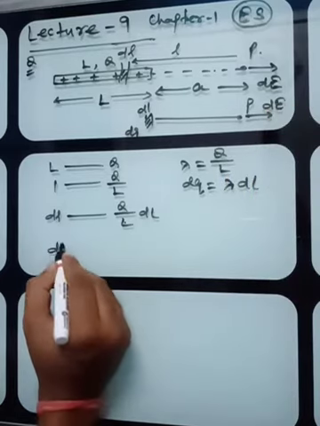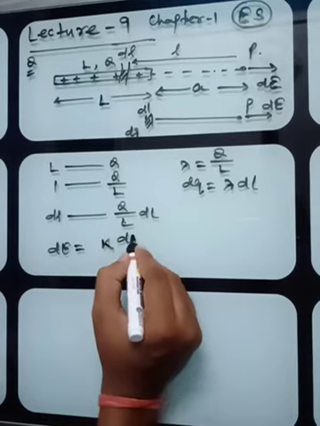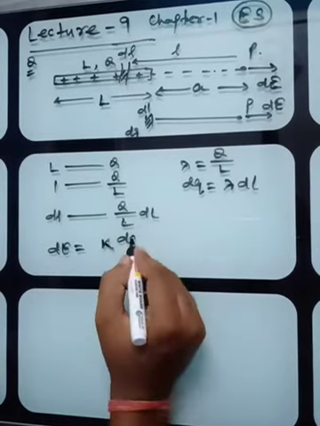So dE can be written as k dq by L square, that is, k q by r square, where r is L. The value of dq is lambda dl, over L square. Direction I cap, if you are writing in vector form.